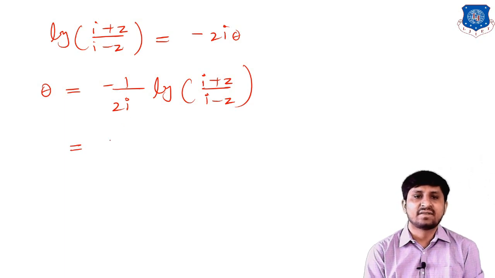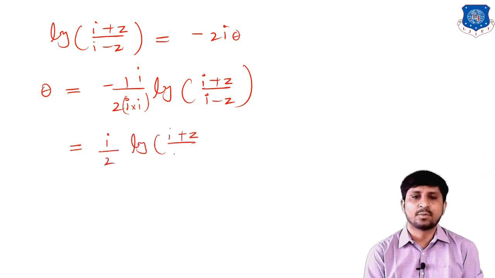So in the denominator we have i square, and i square is minus 1, here also i. So finally i by 2 log of i plus z upon i minus z, and what is theta? Theta is nothing but tan inverse z.